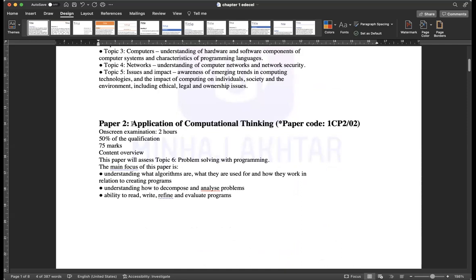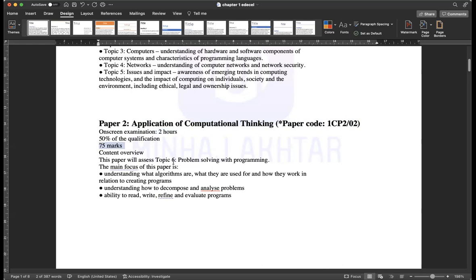Now paper number 2 name is Application of Computational Thinking. The paper code is the same, 1CP2, but the component number is 02. This paper is of 2 hours and 75 marks.